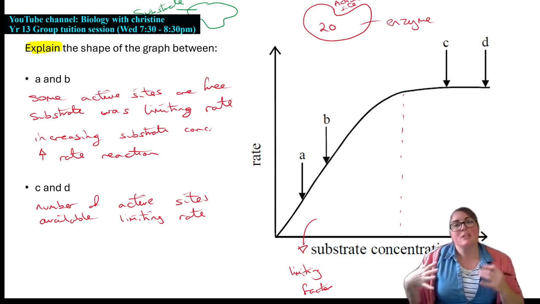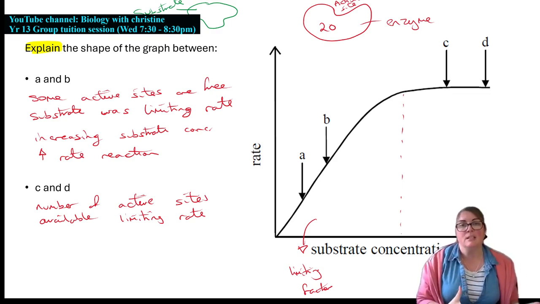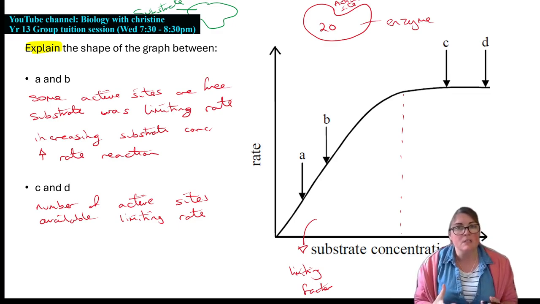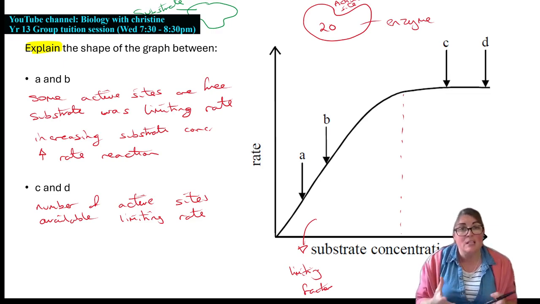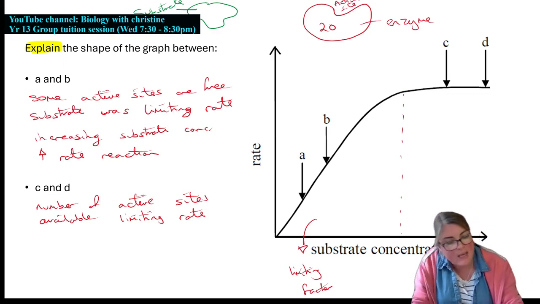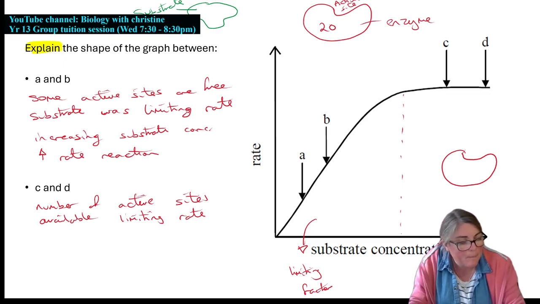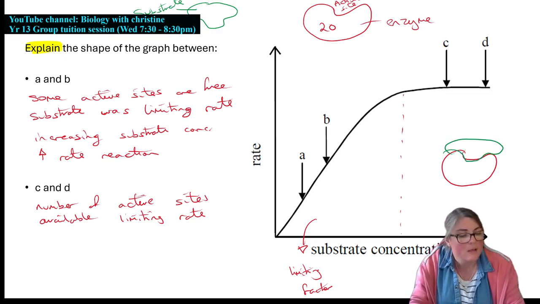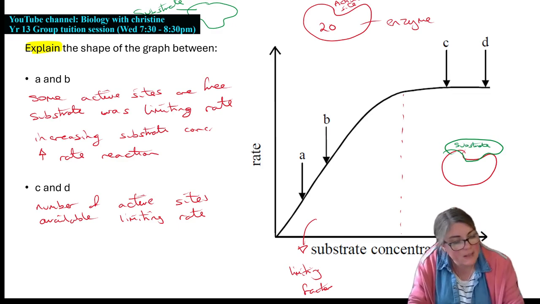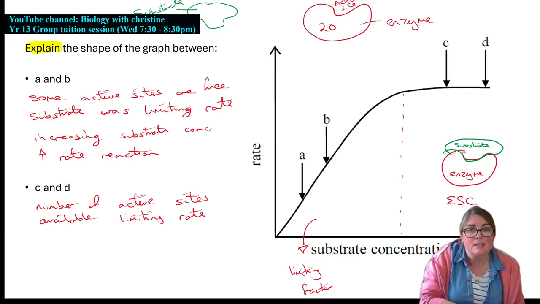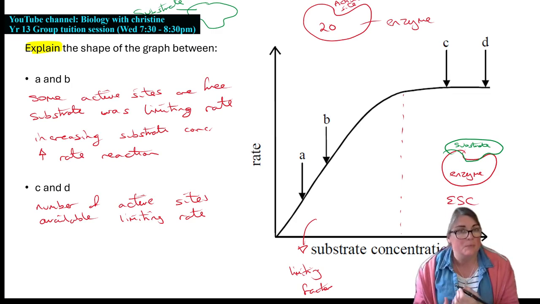So it doesn't matter how much substrate I provide to the enzymes, I can keep bombarding them with more and more substrate, but if the active site has already made an enzyme substrate complex, so if this is my enzyme and we have a substrate and we've got our enzyme, if I've already got an ESC, an enzyme substrate complex, I can't get another enzyme substrate complex.